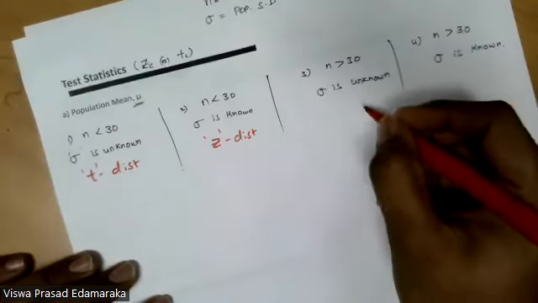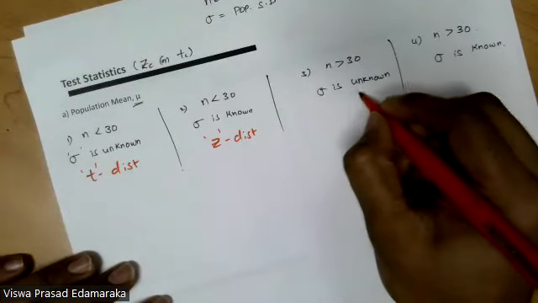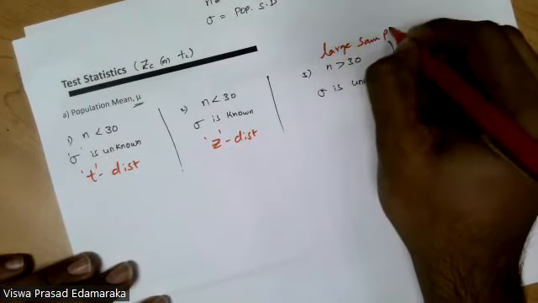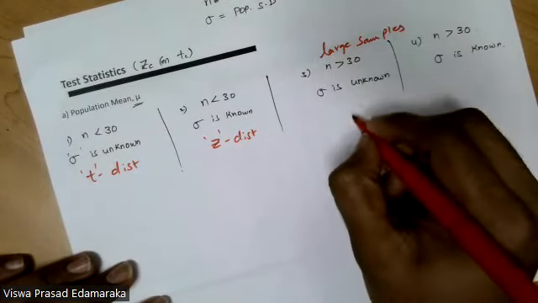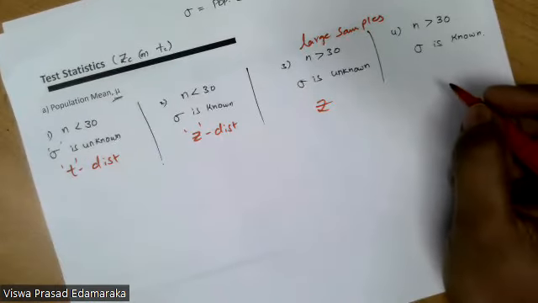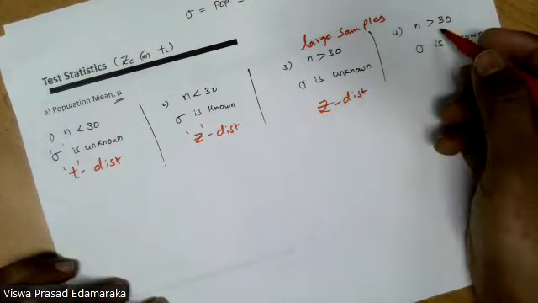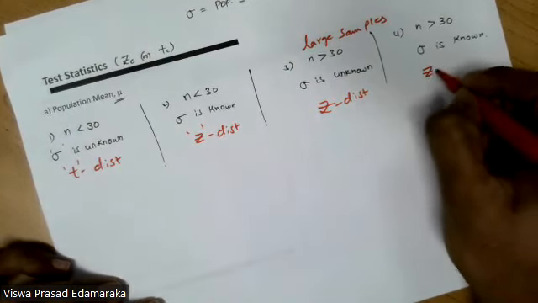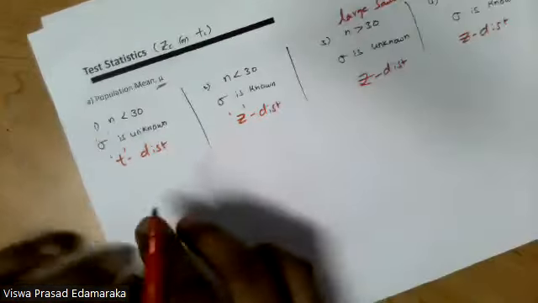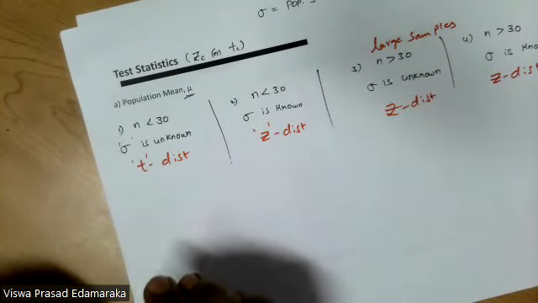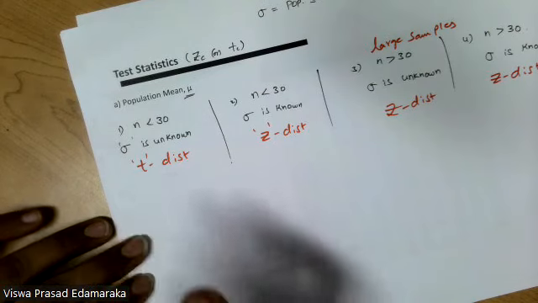N greater than 30 and sigma unknown, which means a large sample, we go with z distribution. Greater than 30 and sigma known, z distribution.